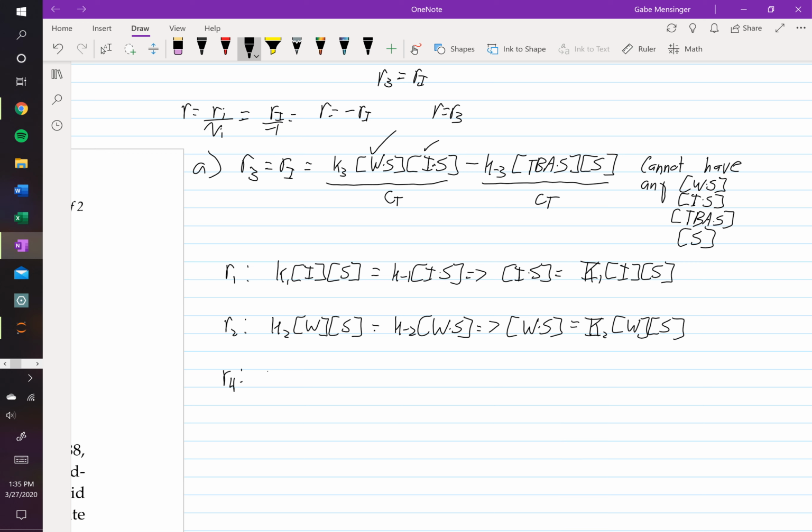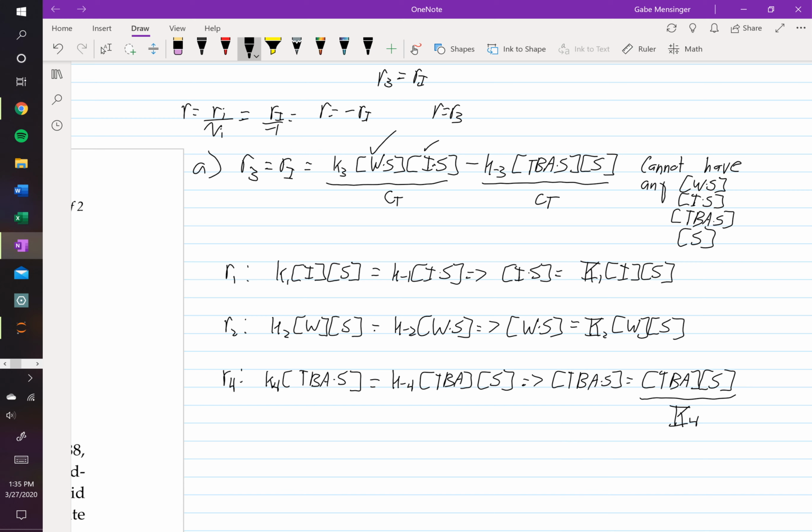So we have that K4 times TBA S is equal to K minus 4 times TBA times S. And we will get that TBA times S is equal to TBA times S over capital K4.